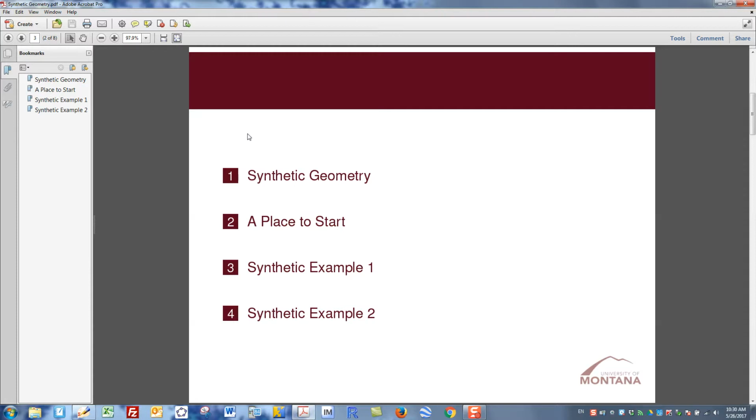And then I'd like to give you just two examples of synthetic geometry and how it can be applied to a middle grades type of activity. That would be example one, and then example two would be an upper grades or high school type of synthetic activity.